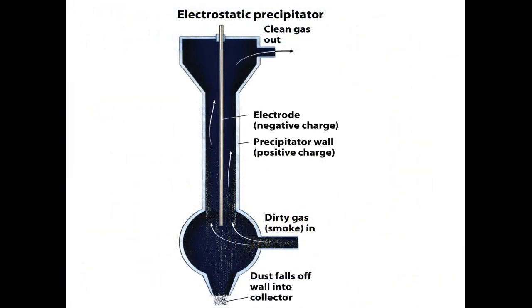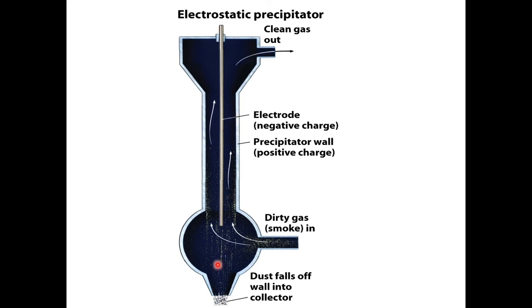This is an electrostatic precipitator, in which a negatively charged cathode and a positively charged anode are present. The cathode is an electrode, and the wall of the ESP is the anode. The cathode carries negative charge, and the anode carries positive charge.